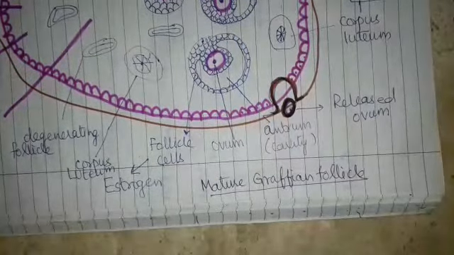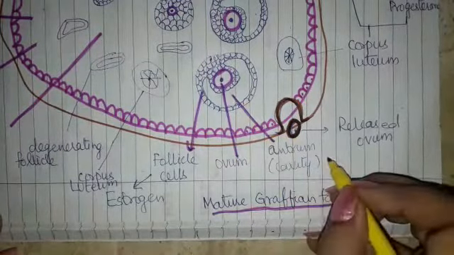So the mature Graafian follicle in the ovarian medulla consists of ovum, follicular or Graafian cells and a cavity called antrum.